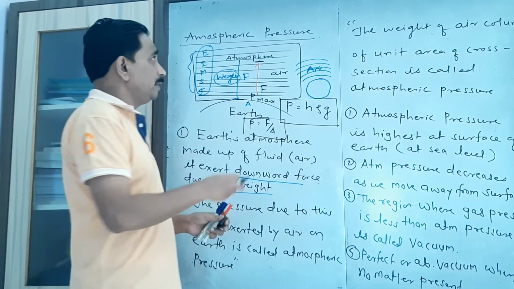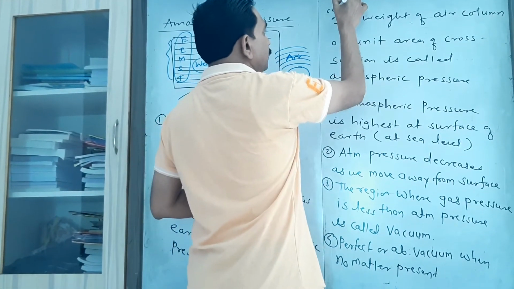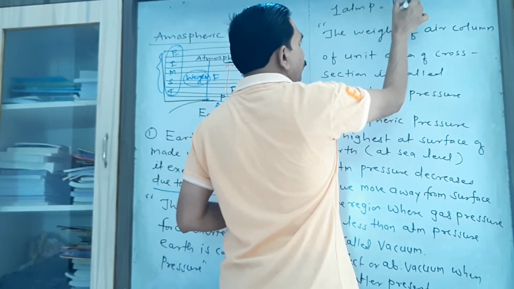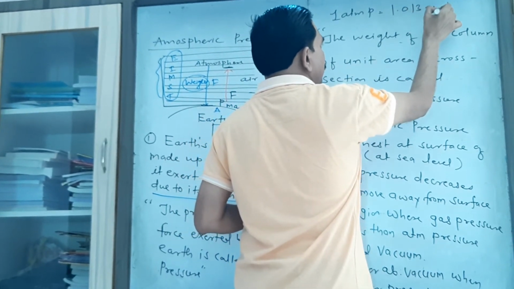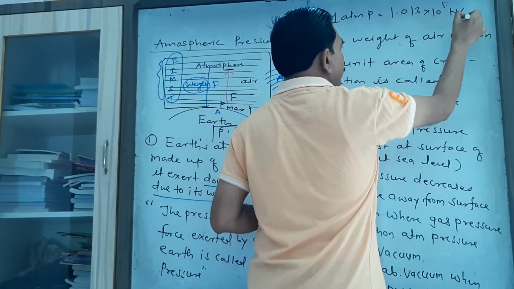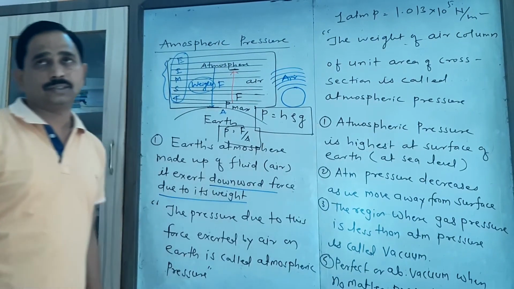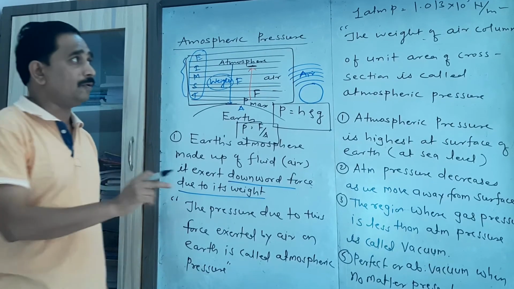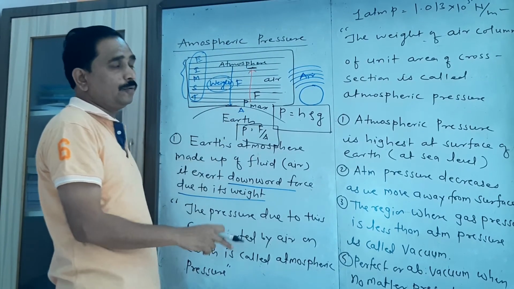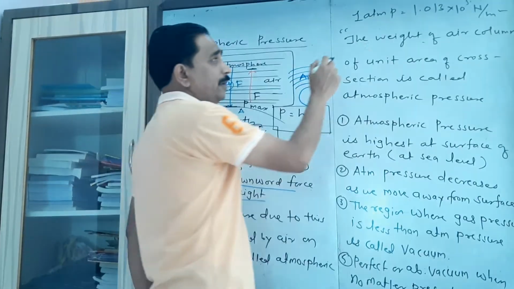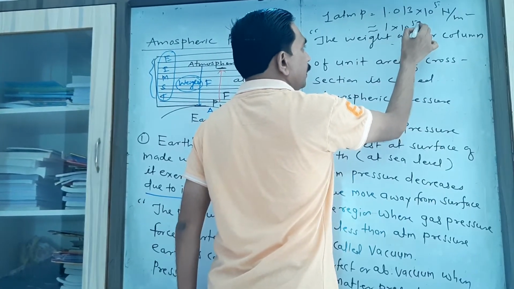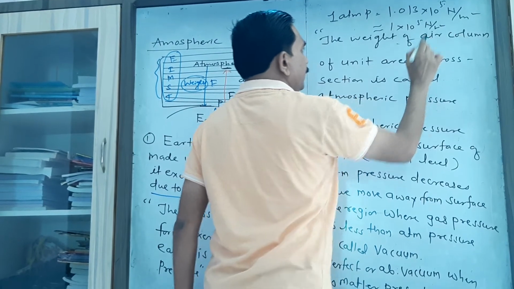All of you know the value of atmospheric pressure: 1 atmospheric pressure equals 1.013 into 10 to the power 5 Newton per meter square or Pascal, or you can nearly take it as 1 into 10 to the power 5 Newton per meter square.